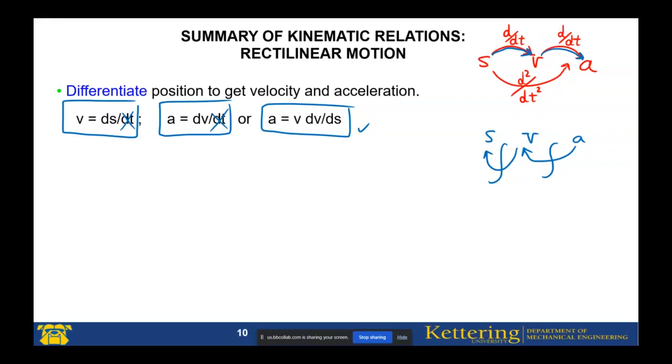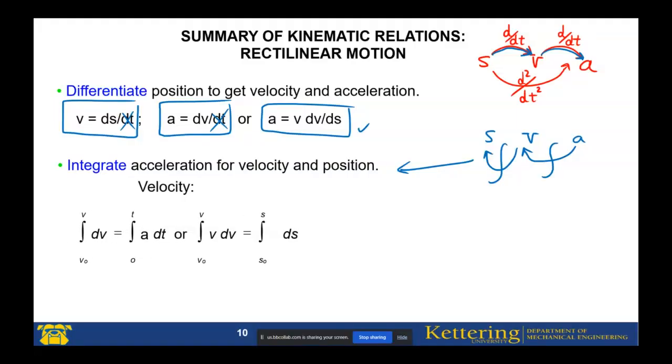Okay? Now this is the third equation. Again, just the integration, this is this one. To find the velocity and the position, if I take the integral, I can find the velocity and also position from taking the integral.